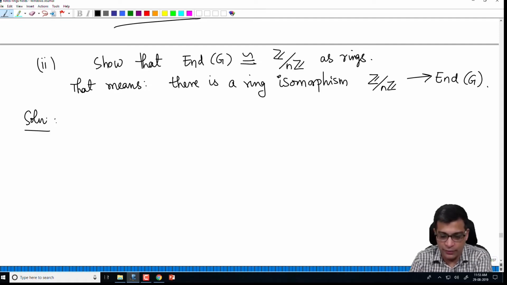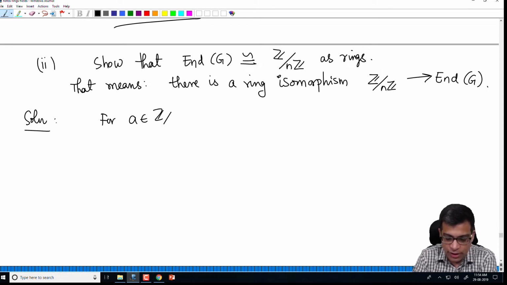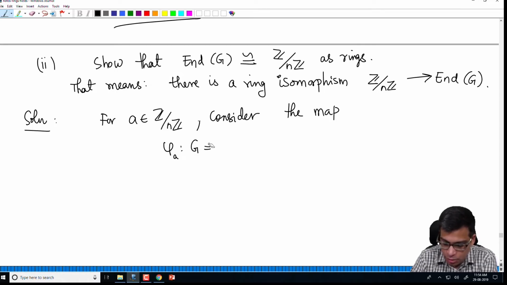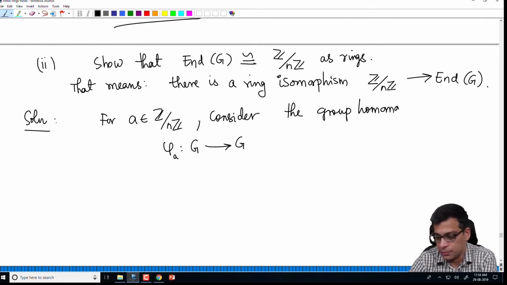So I'm going to simply define an isomorphism, define a map and show that it's an isomorphism. So for A in Z mod NZ, consider the map phi A, which is from G to G. Consider the group homomorphism from G to G determined by A. What is this?